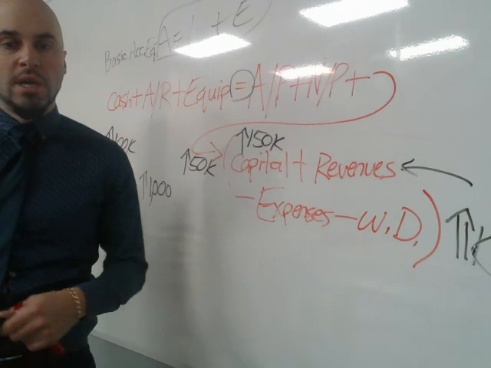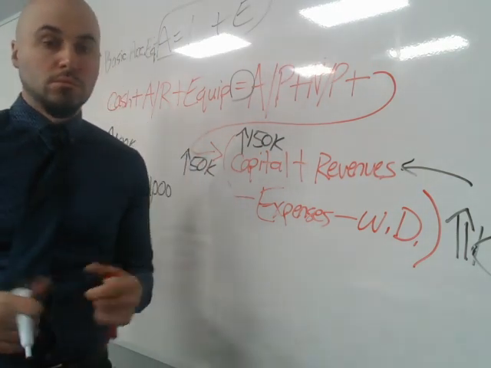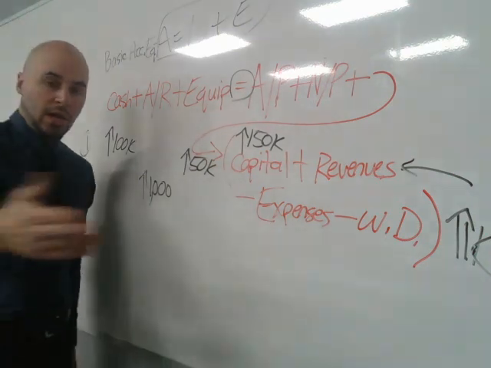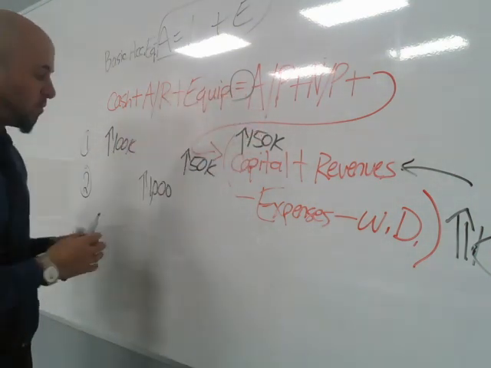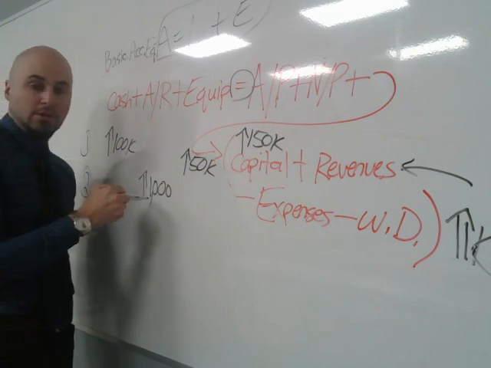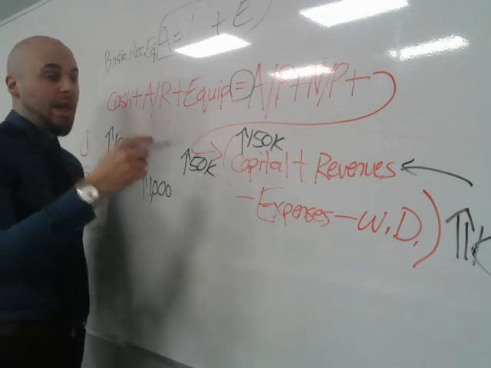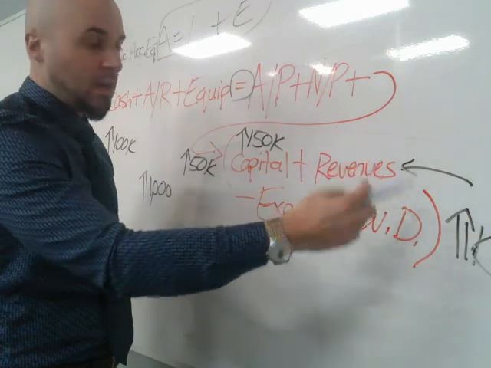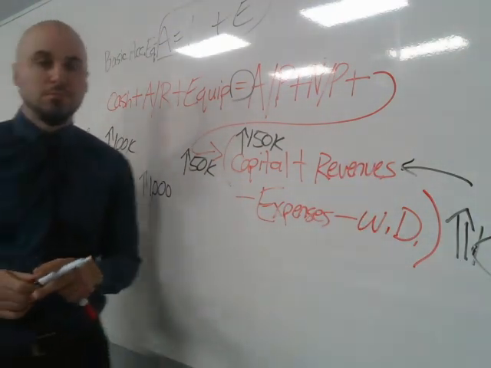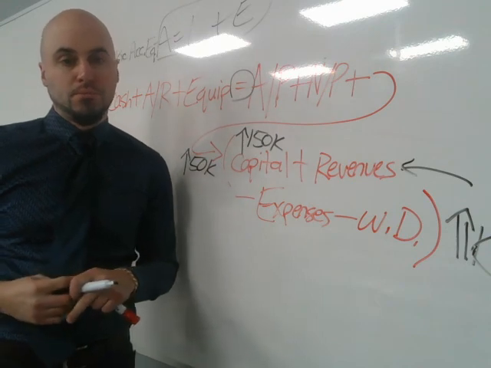Up by 1K. We made a sale on credit. Now when we look at the wider scope of it, the left side of the accounting equation has gone up by 1,000, and the right side of the accounting equation has gone up by 1,000. There you go.